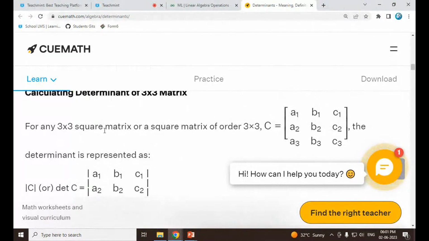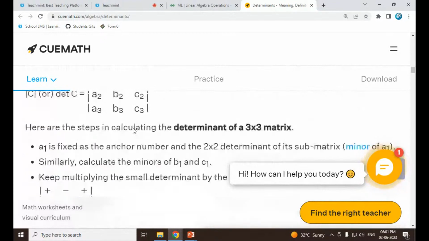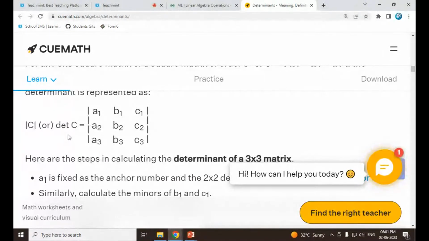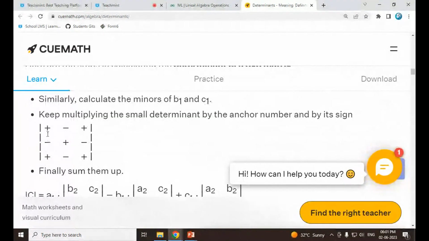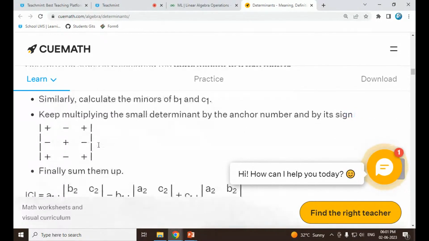For a 3 cross 3 matrix, the square matrix of order 3 cross 3 would look like this. Programmatically, you have one determinant of 3 cross 3, and I hope all of you understand this rule. Keep multiplying the small determinant by the anchor number and by its sign.